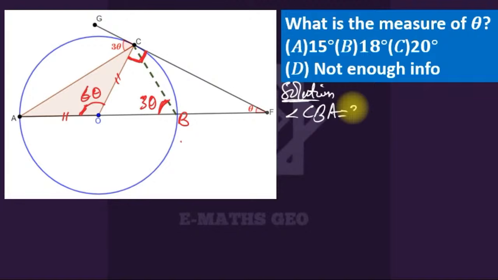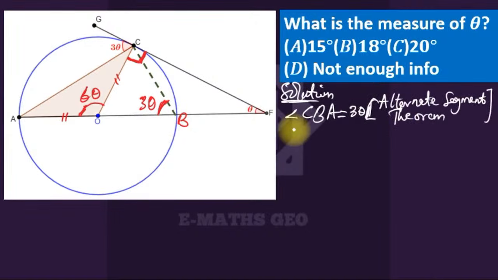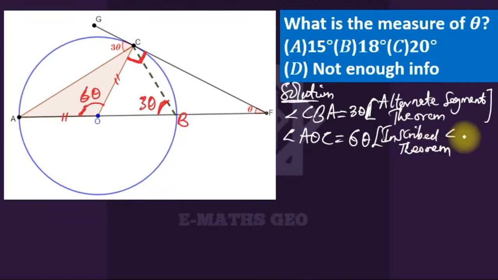Angle AOC, that's the central angle, is 6 theta, by inscribed angle theorem, as the central angle is 2 times the inscribed angle.